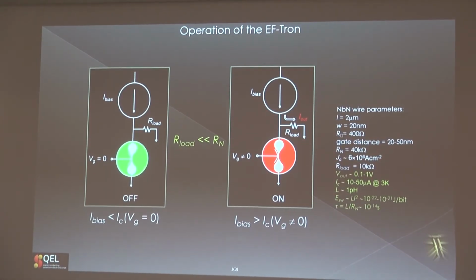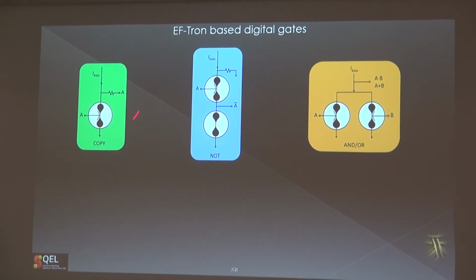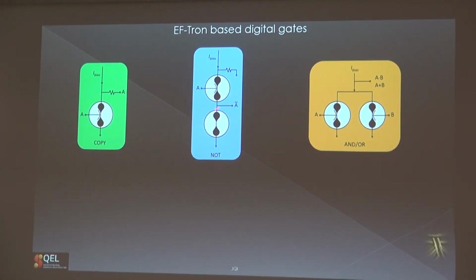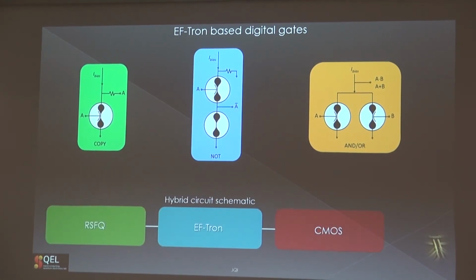At this point, one can think to construct very simple devices, and with this construct a full logic based on this system. From a copy device to a NOT device, and an OR, which is two parallel devices, and here is one device and one long wire with different critical current.